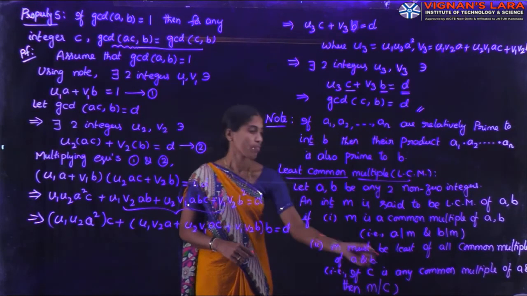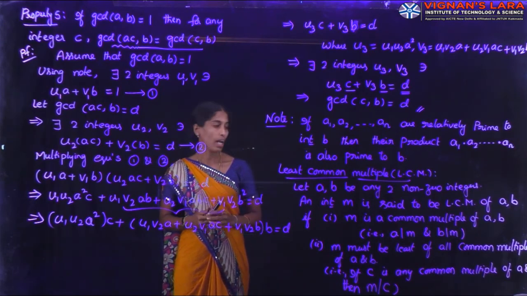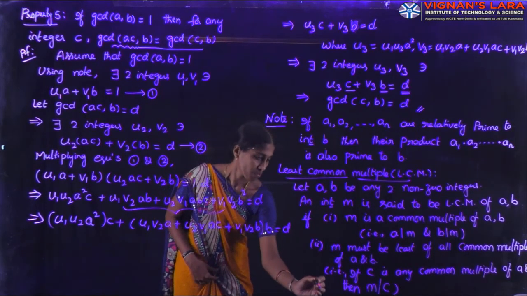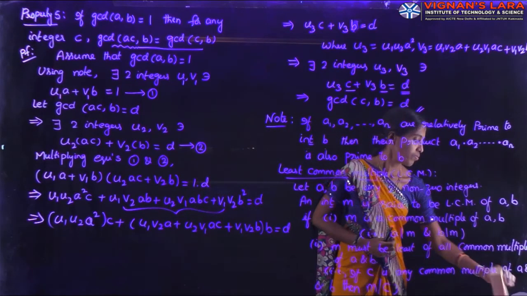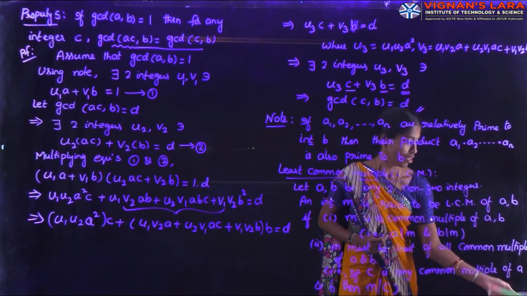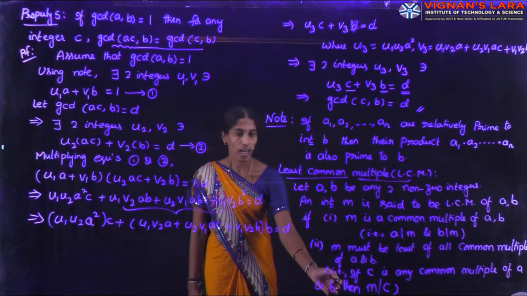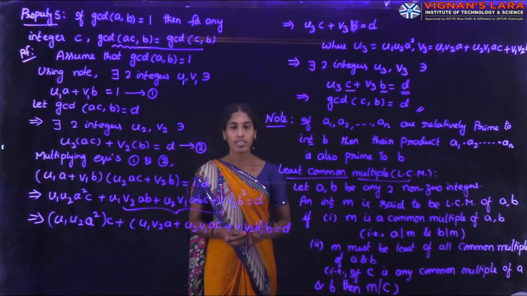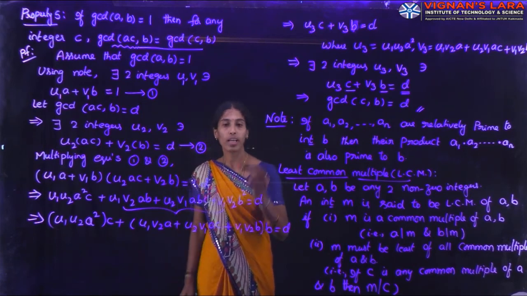The meaning of this is, if c is any common multiple of a and b, then m divides c, right? This is the definition of LCM of a comma b.